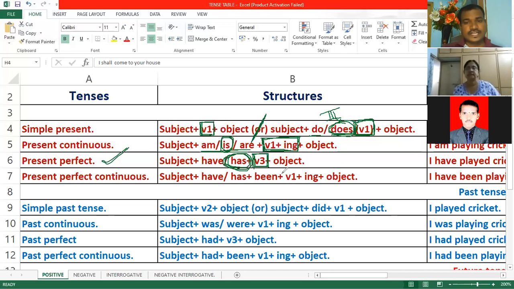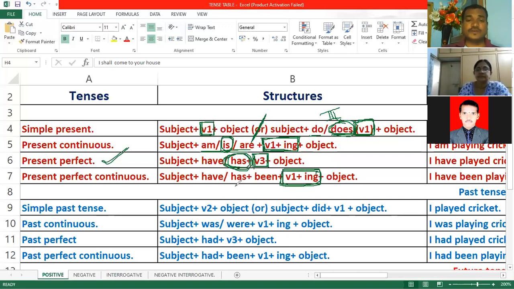So it is present perfect continuous. Again, the continuous word is there, so here you can observe V1 plus ing. Whenever you are writing continuous tense, whatever it might be, there should be the V1 plus ing form. That is one observation you need to keep in mind.